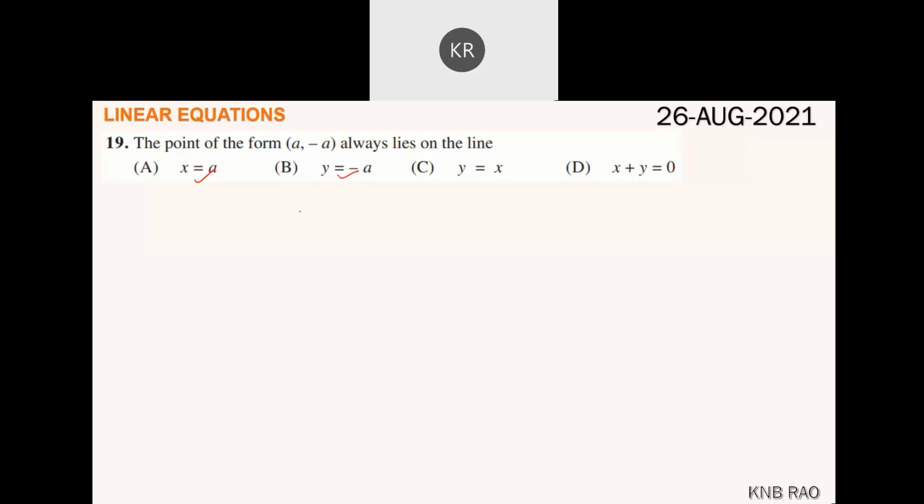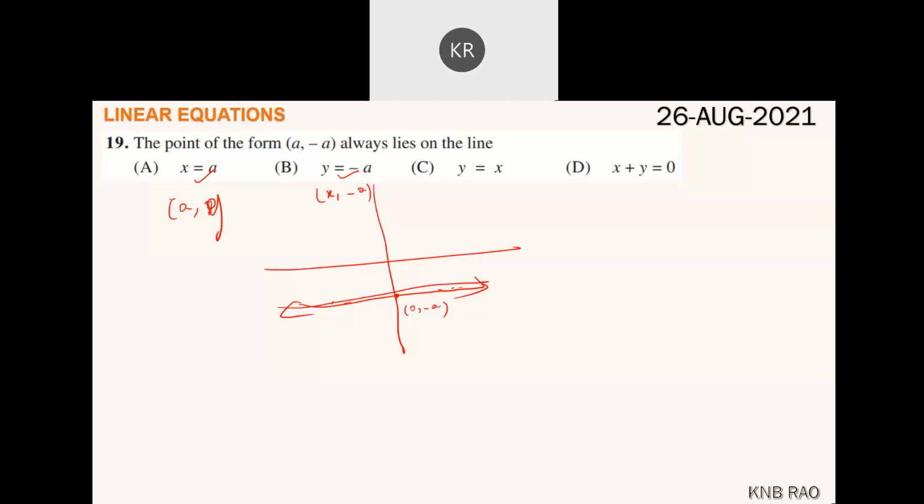What about x? If any equation has only one variable, then it will have either abscissa 0 or its ordinate 0. If you take any line y equals minus a in a Cartesian plane, it will definitely be parallel to the x-axis, passing through the point 0 comma minus a, and all the points on it will be of the form some x coordinate comma minus a.